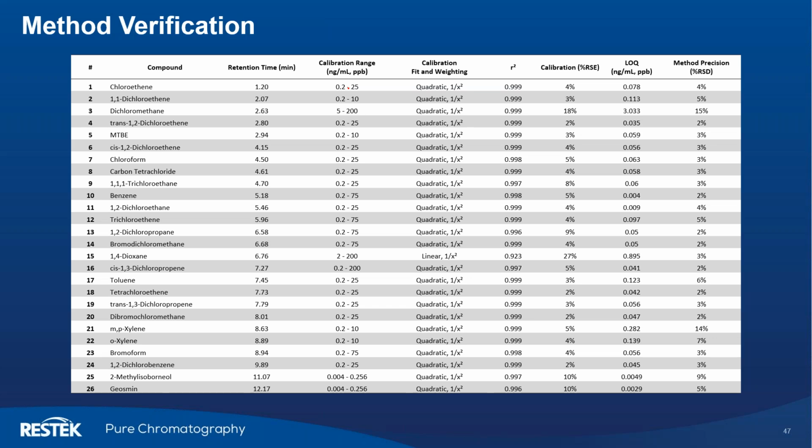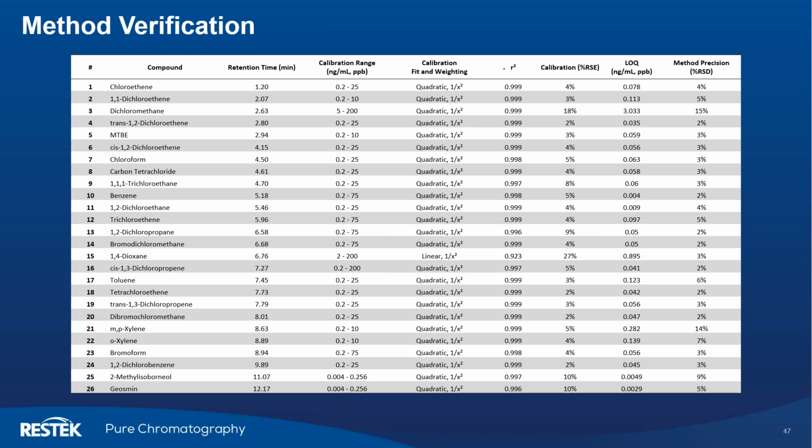But even with the adjusted concentration ranges, it still met our needs for the permissible limits of each of these in the drinking water. And for our methylisoborneol and our geosmin, we had much lower levels for these compounds due to the aroma sensitivity of these compounds in drinking water.